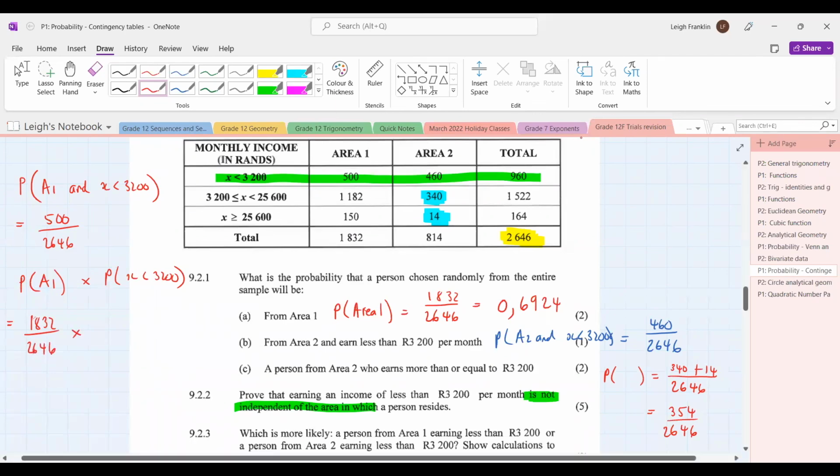Now what's the probability of somebody earning less than 3,200 Rand a month? We're on 9.2.2, yes. This is going to be 960 out of 2646. So now let's work that out on our calculators and see what answer we get.